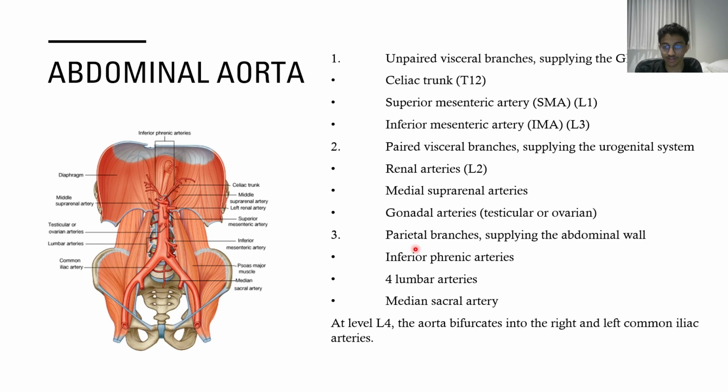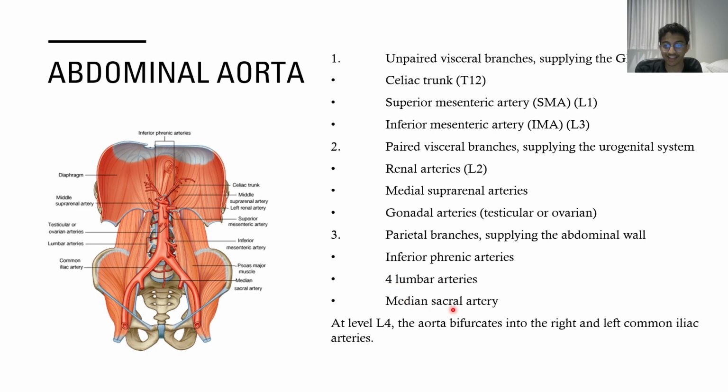And parietal branches, they supply the abdominal wall. They don't supply organs anymore. There are still organs, but they basically supply the muscles of the abdominal wall. So the inferior phrenic arteries, there's right and left inferior phrenic artery. Lumbar arteries, there's four pairs, so there's actually four right and left lumbar arteries.